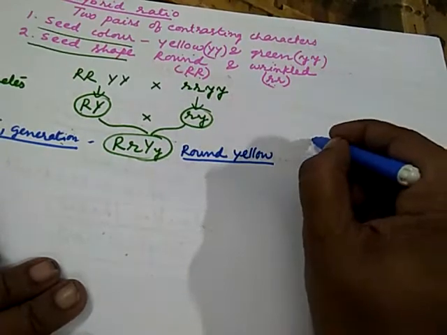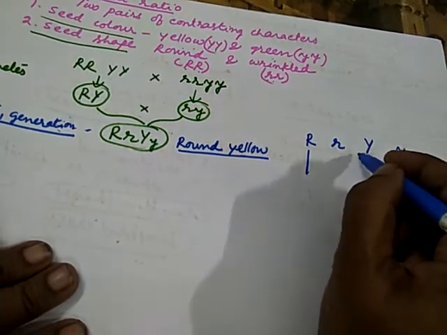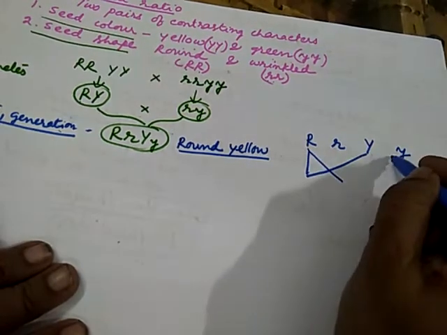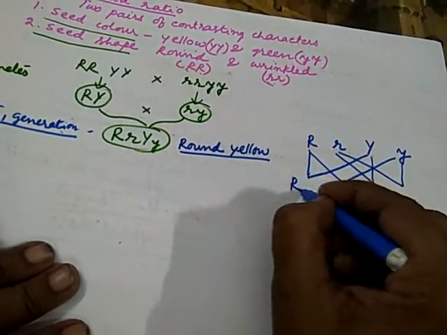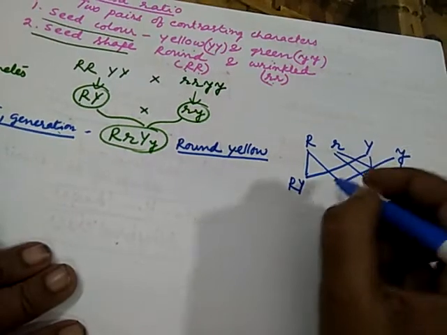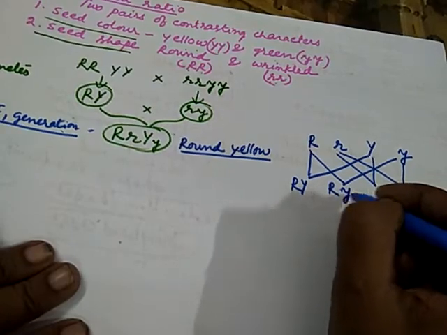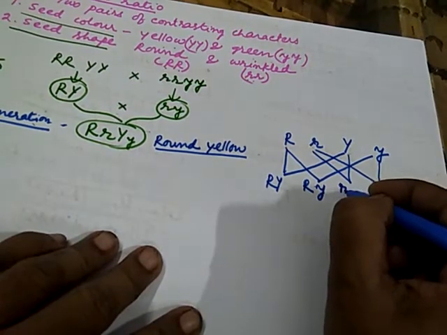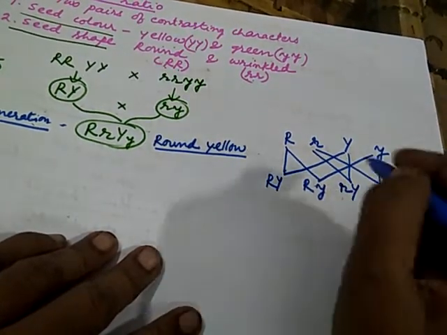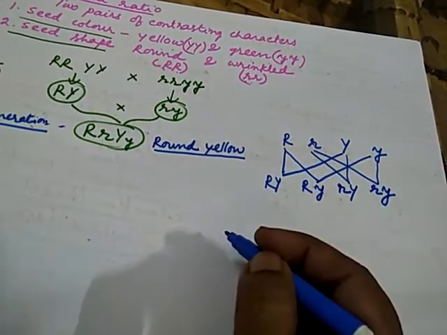We take the gametes R, Y and y, and we get four combinations: round yellow, round green, wrinkled yellow, and wrinkled green.